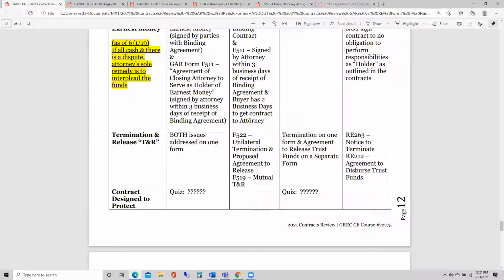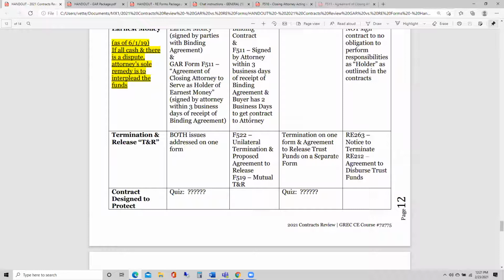All right, you guys, your purchase and sale agreements and the standard terms, both in the GAR contract package and the RE contract package, are designed to protect you, the affiliated licensee, and me, your broker. They are designed to protect agents and brokers.